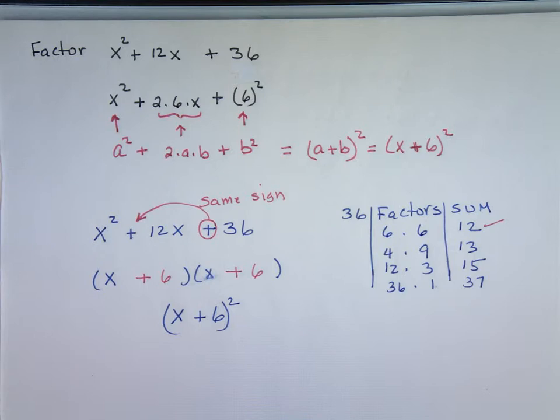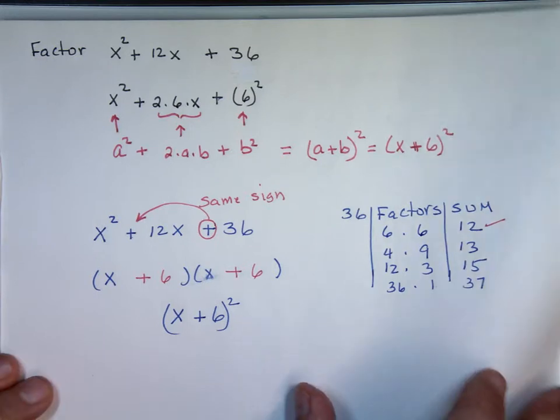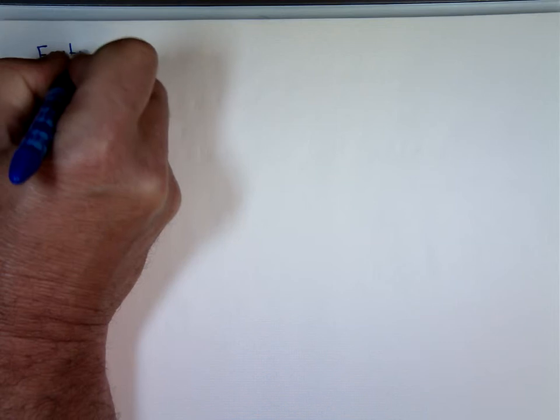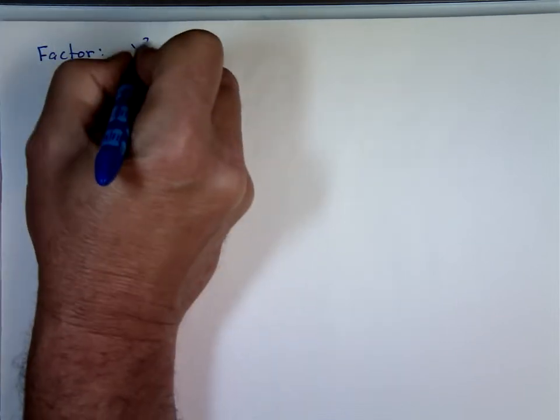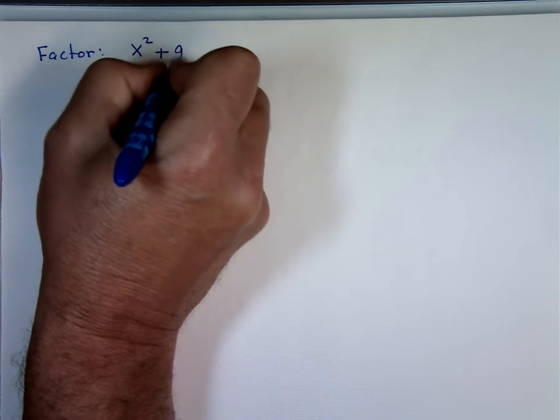Let me try a few more. x squared plus 9 minus 6x.